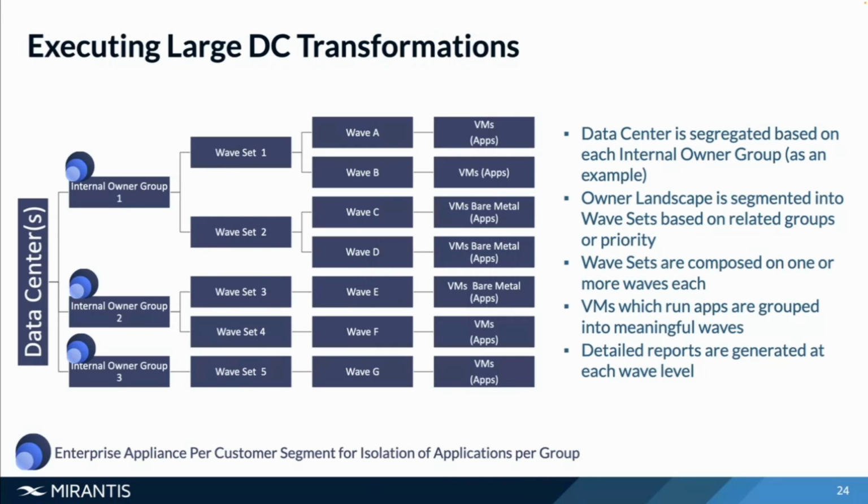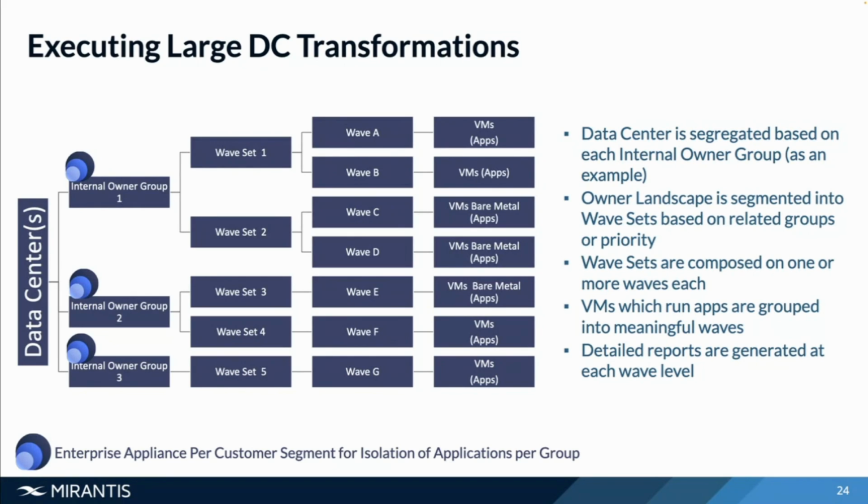So you can have a whole data center, and within that, you have multiple application owners, right? And within these application owners, you will be defining your waves. So let's say you have wave set 1 up to wave set 5, right? And within these wave sets, you then define these waves. And within these waves, you will have your group of VMs or group of bare metal servers, or a mix of VMs and bare metal servers, right?